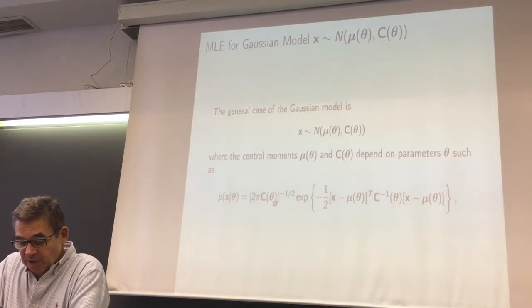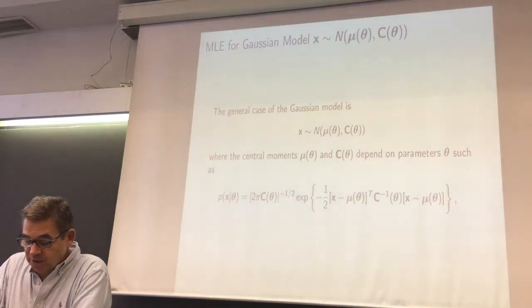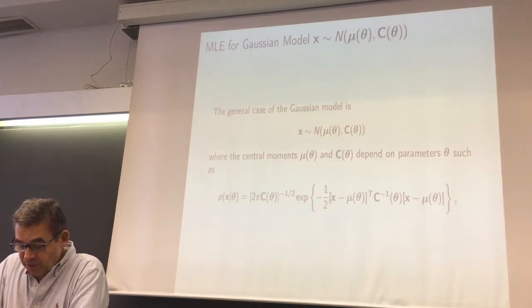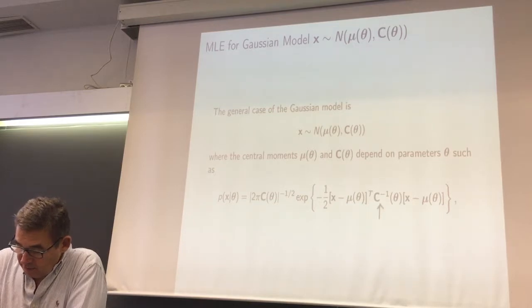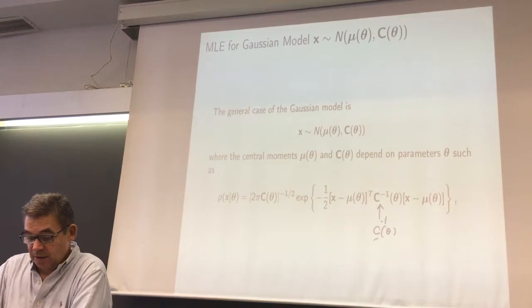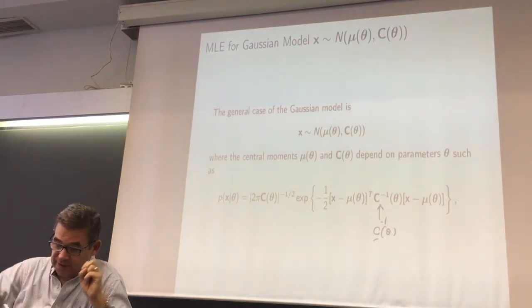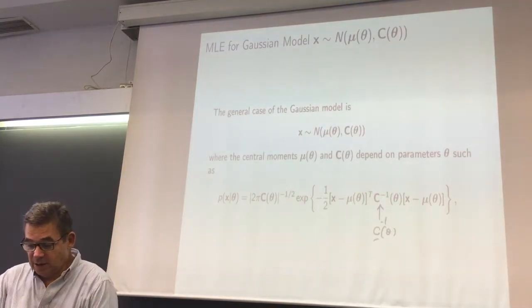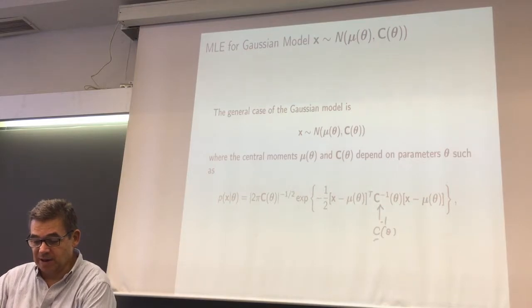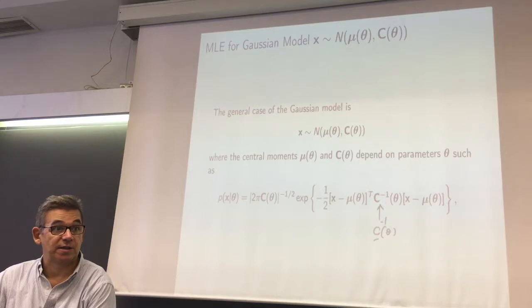So it is the determinant of C of theta, and then there is this exponential part, with the covariance C of theta. Now, if theta is included in the covariance and in the mean, maximizing this function is not that trivial. So let's make some special cases.